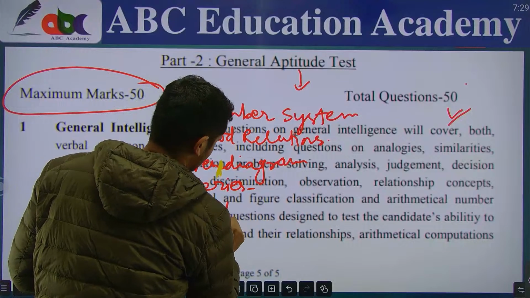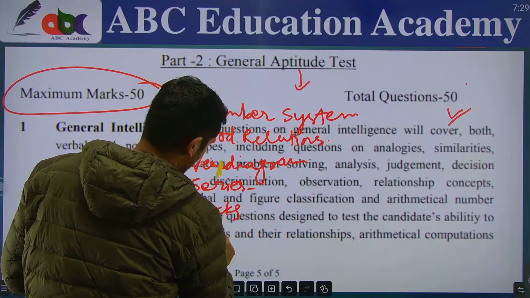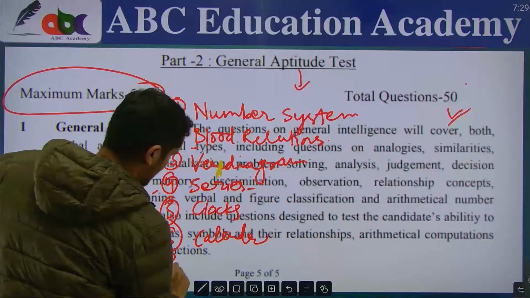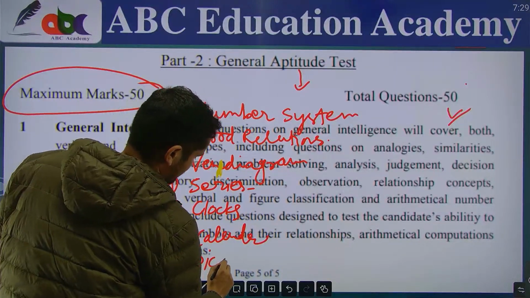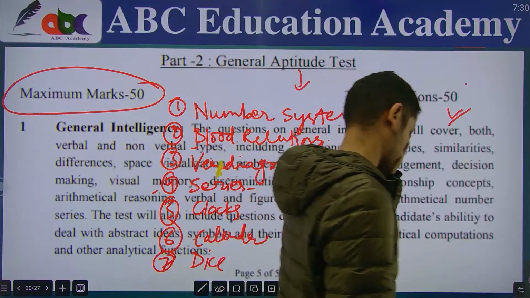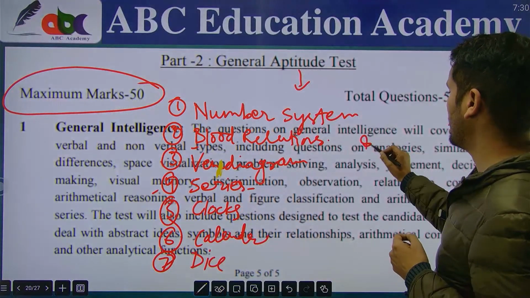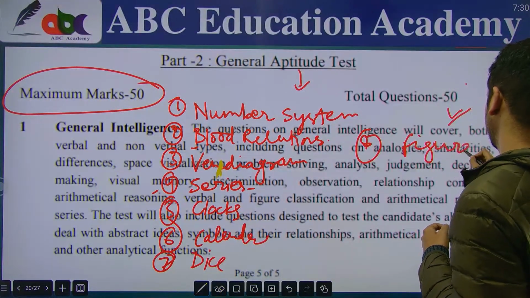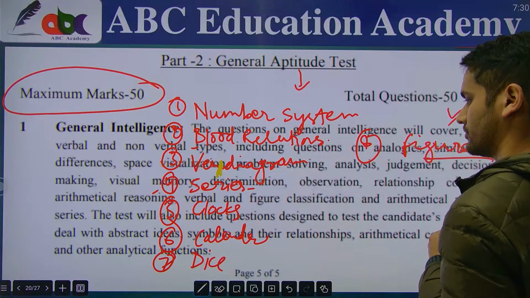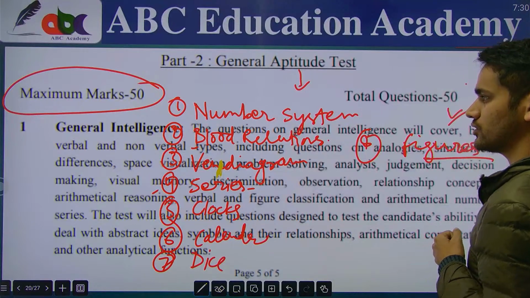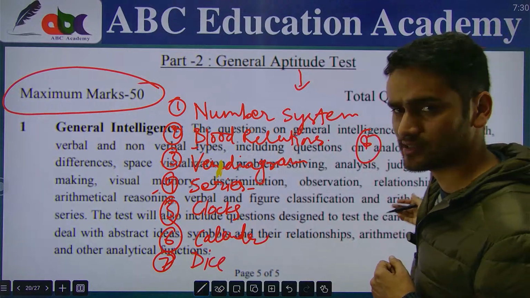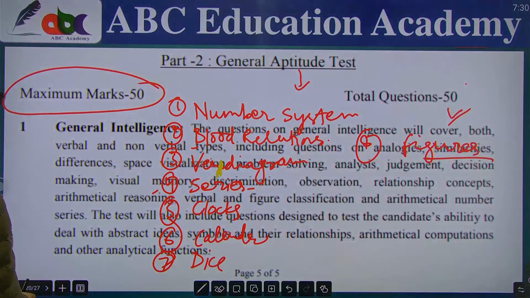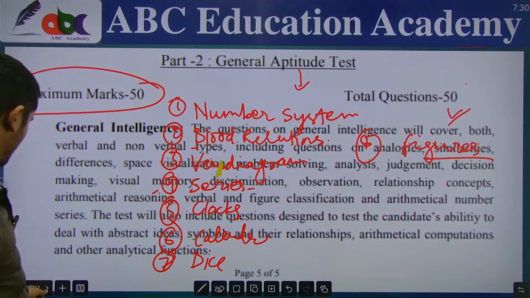Then clocks and calendar, dice, and questions related to figures. So you have to cover these topics, and there are some other topics you also need to cover that I will tell you in the classes.